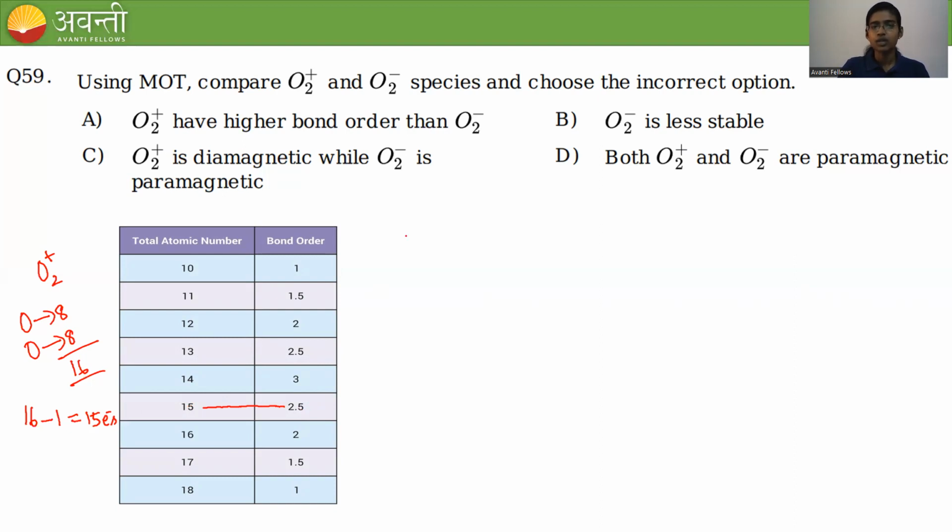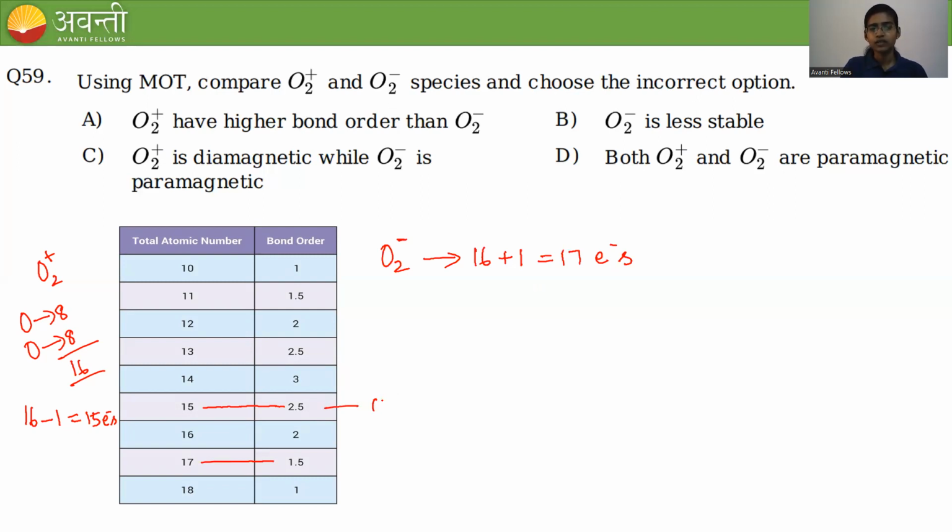And for O2 minus, what is the calculation? So again, for O2, we have 16 electrons. If it is minus, O2 has gained one electron. So we have to add that electron to the 16. So finally, we get 17 electrons. So if the number of electrons is equal to 17, then the bond order is 1.5.